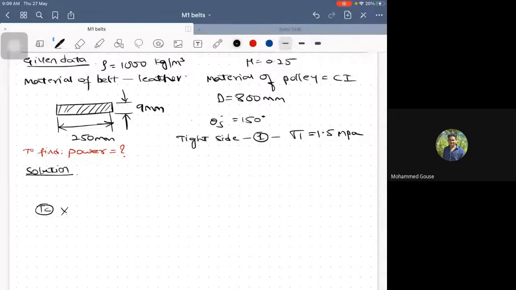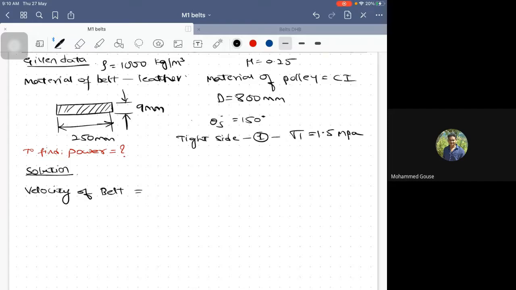On which particular parameter do you decide whether to consider the centrifugal tension or not? V, isn't it? So we first always calculate the value of V, the velocity of the belt, because based on that only you can judge the suitable formula for power.